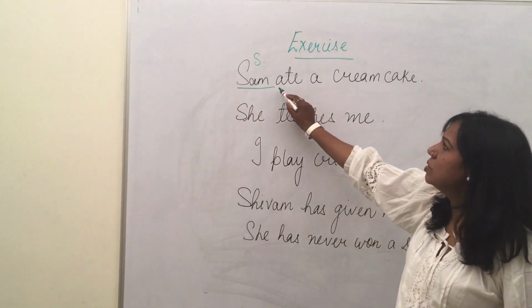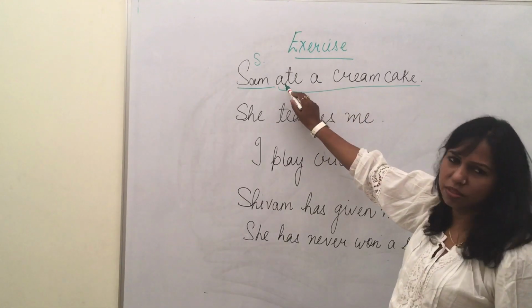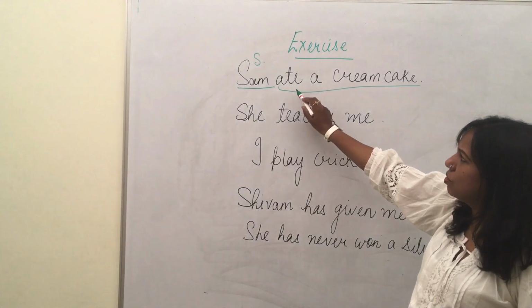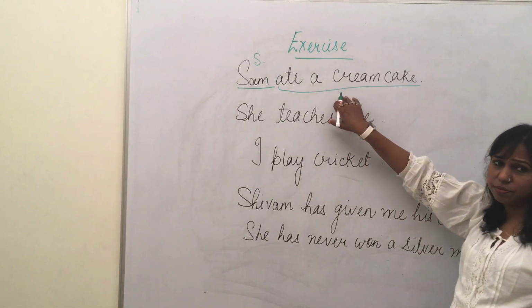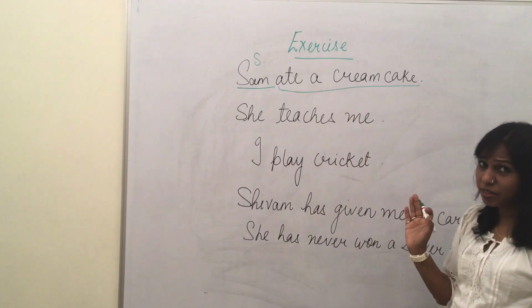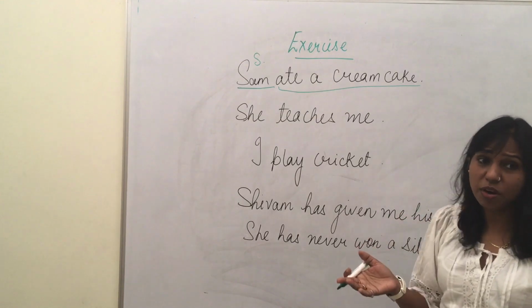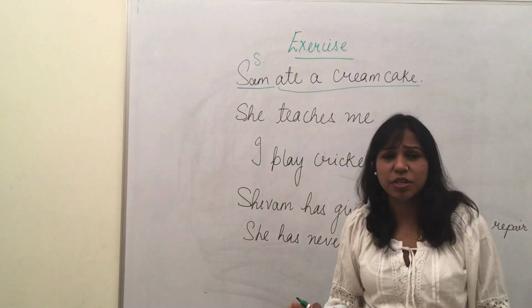Okay. Now, as I said, all the rest of the part following the verb is the predicate. Here, ate is your verb, and it is your predicate. Now here again, what should I ask? What did Sam eat? I said for identifying the object you have to ask whom or what. Keep it in your mind very clearly, students.